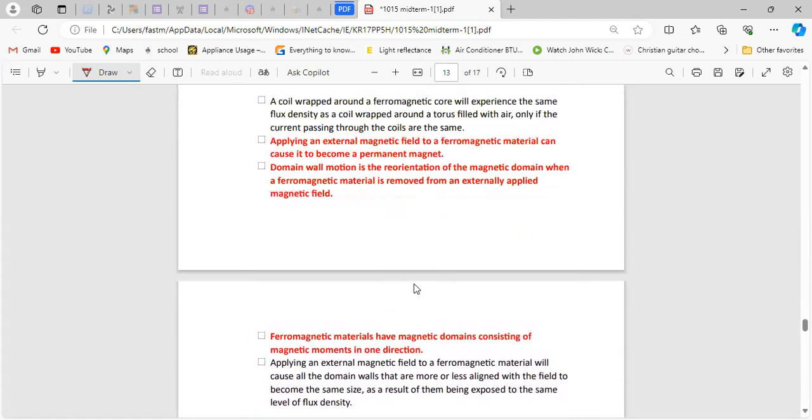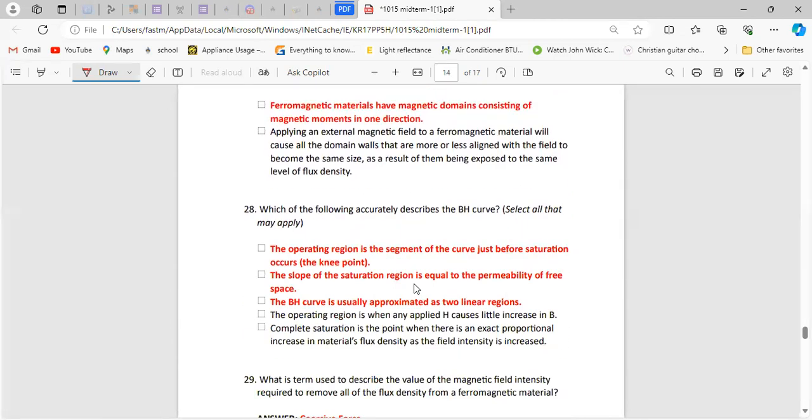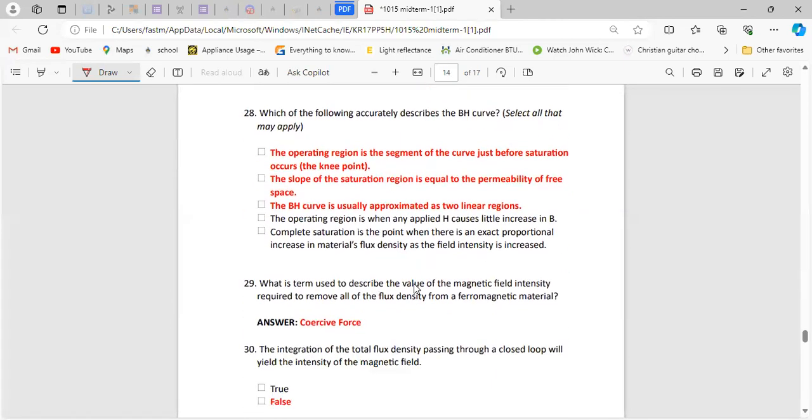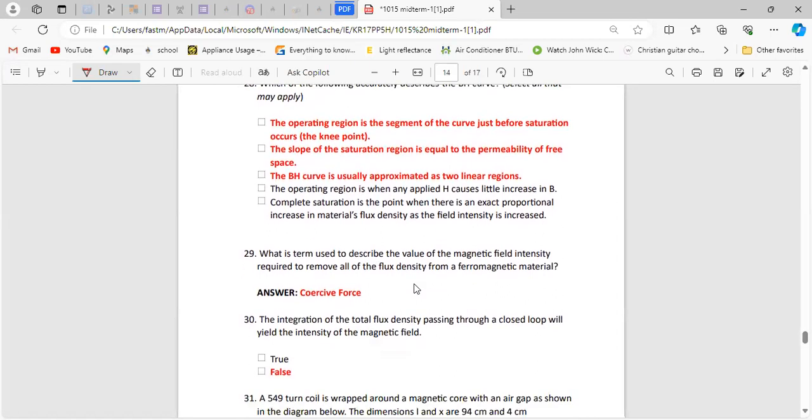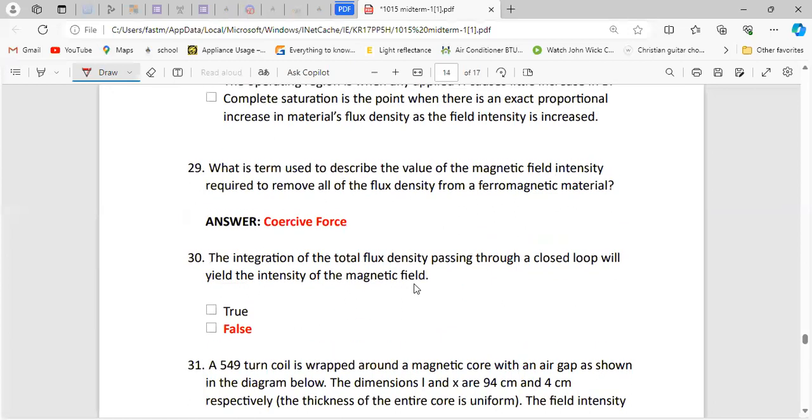Well, if I talk about magnets, I should be able to piece that together, right? PHQ 29. Coercive force, right? The term is used to describe the value of the magnetic field intensity required to remove all the flux density.